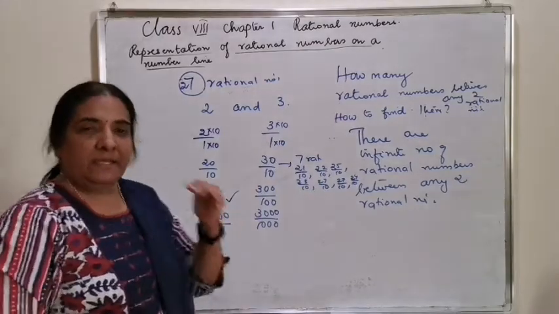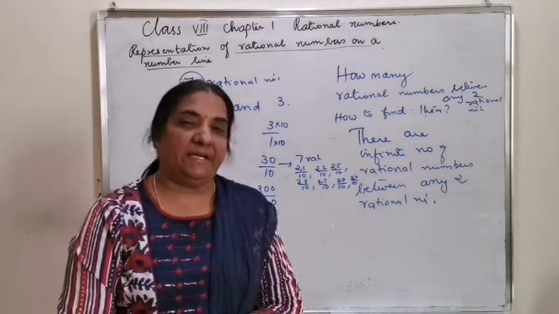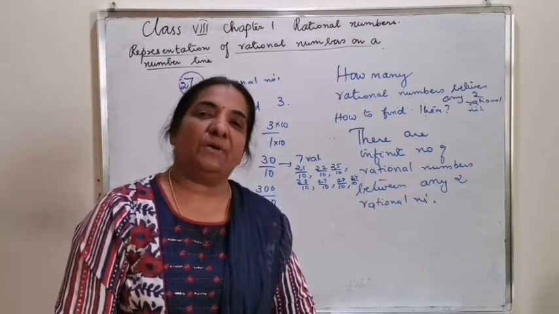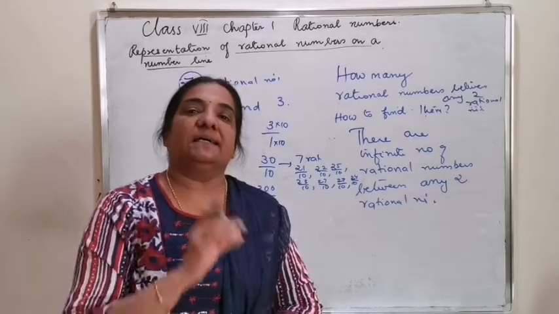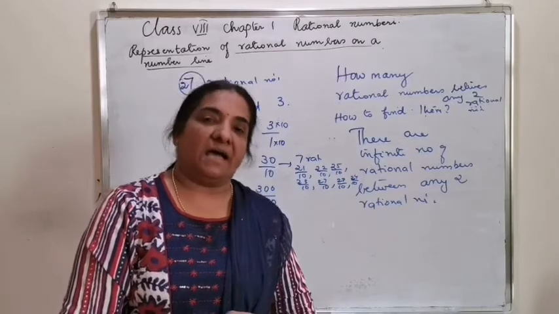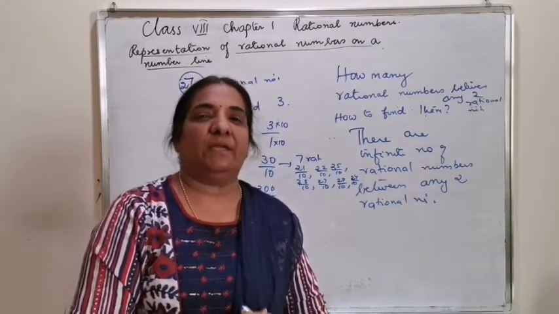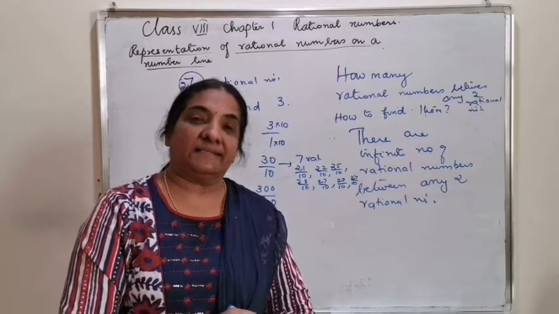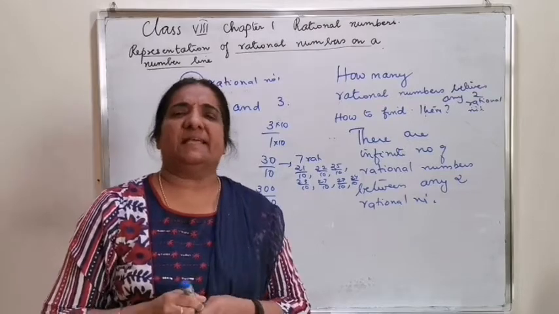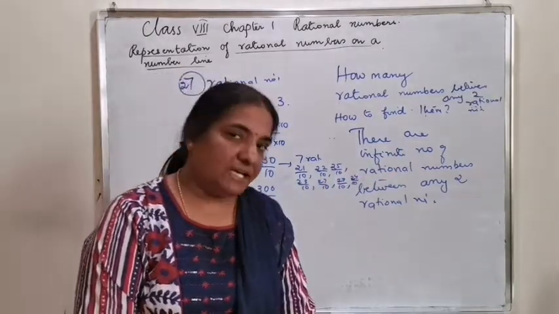So, any rational number can be multiplied and divided by multiples of 10, which will give you an equivalent rational number, and between those two rational numbers, you can insert as many rational numbers as possible. This is another way of explaining the concept that between any two rational numbers, there can be an infinite number of rational numbers.